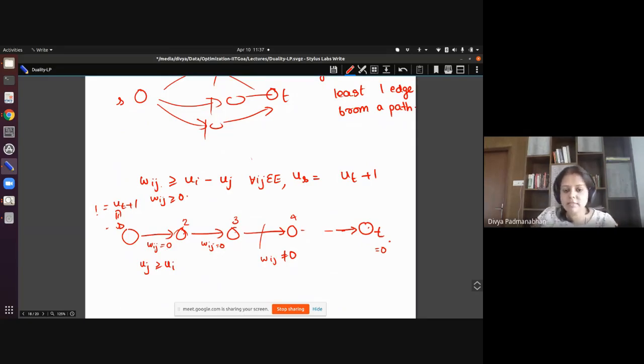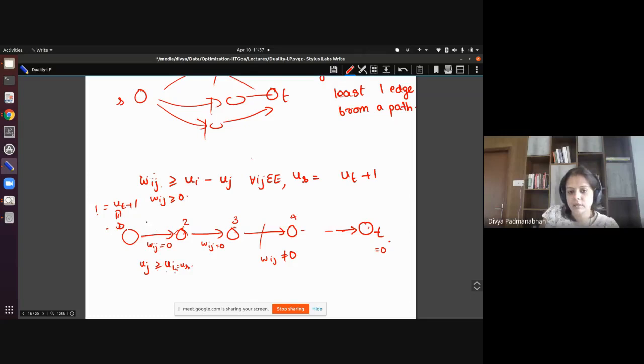Take this edge, Wij is 0, and I is S here. Since Wij is 0, in order to satisfy the constraint Wij greater than or equal to Ui minus Uj, you should have Uj greater than or equal to Ui. Just substitute this inequality, and Ui here is Us.